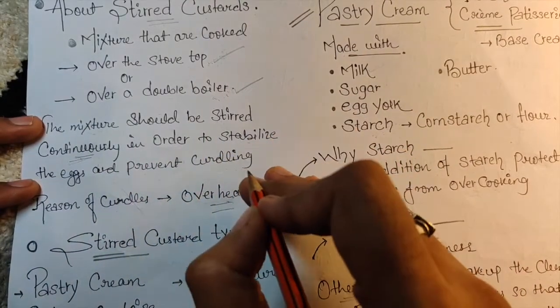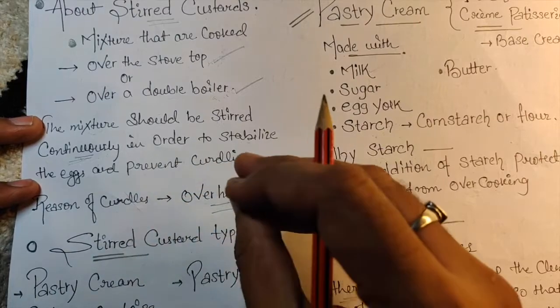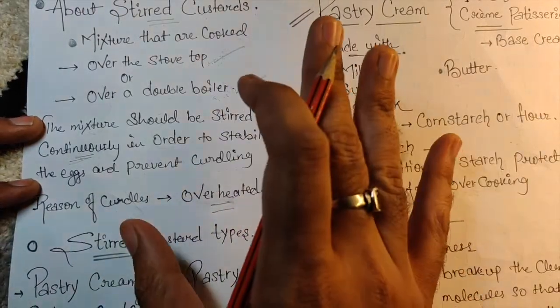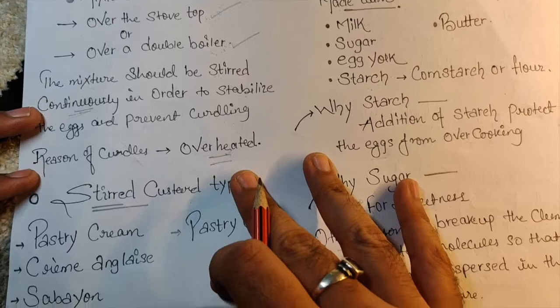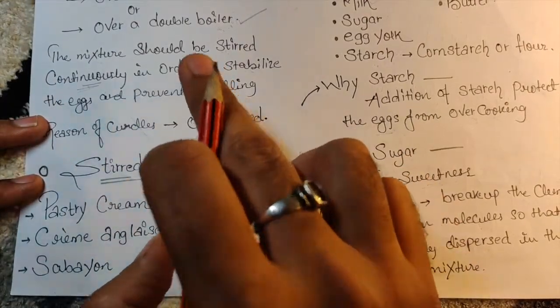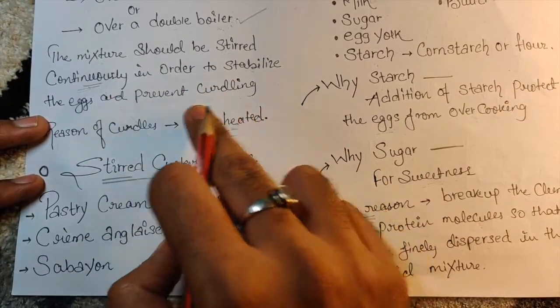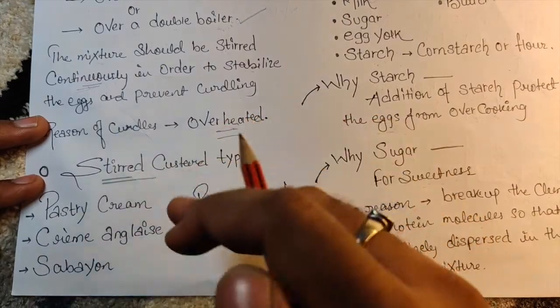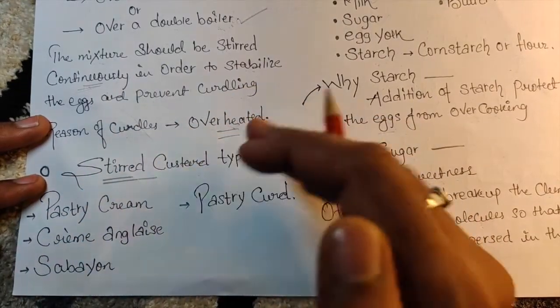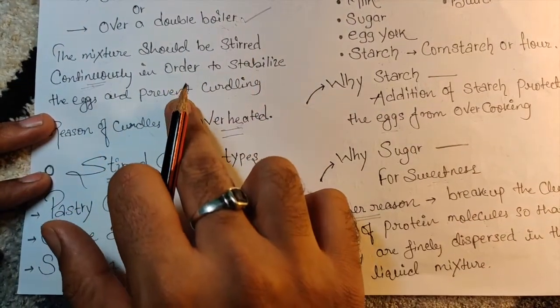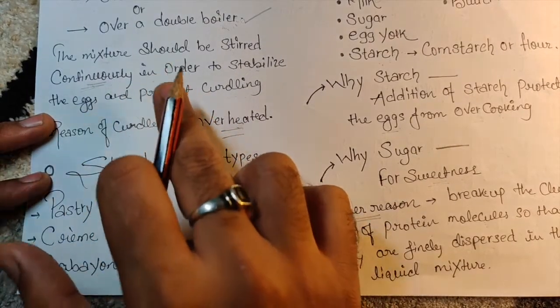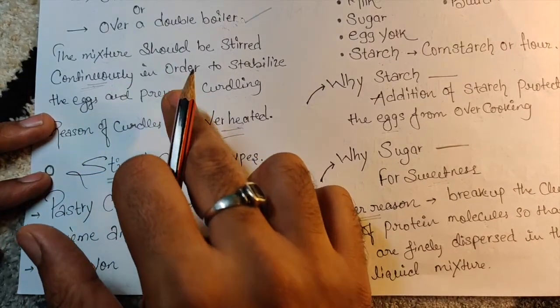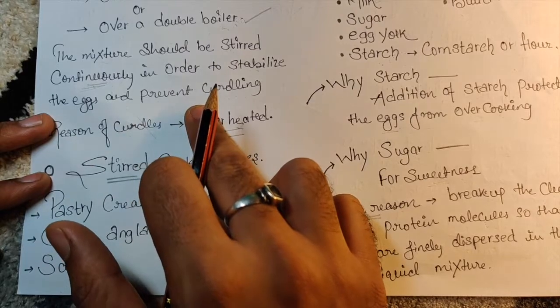We want to cook the eggs slowly, gradually, not with direct heat and no stirring. Simple as that, right? We don't cook this mixture on high temperature. No, slowly, gradually, on medium low heat.